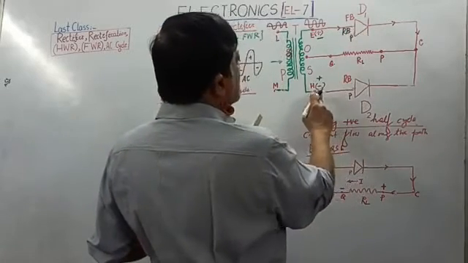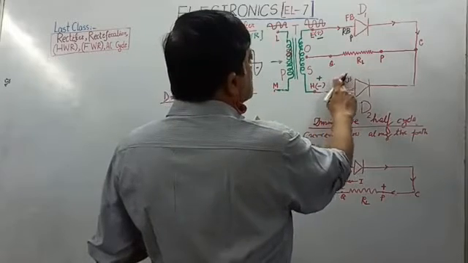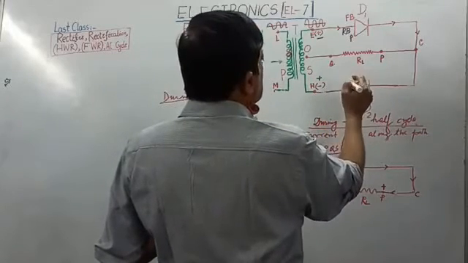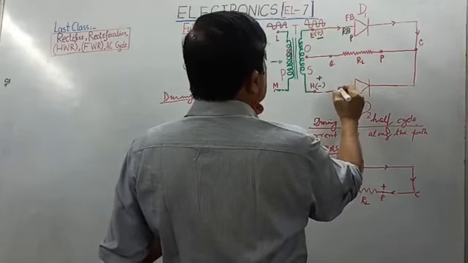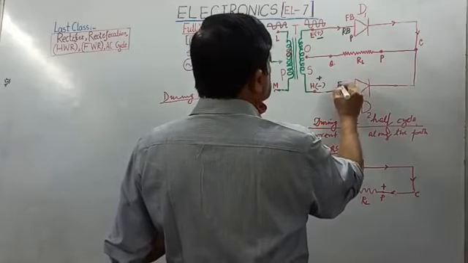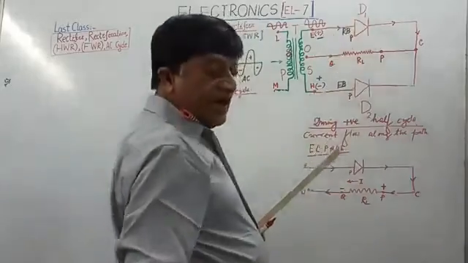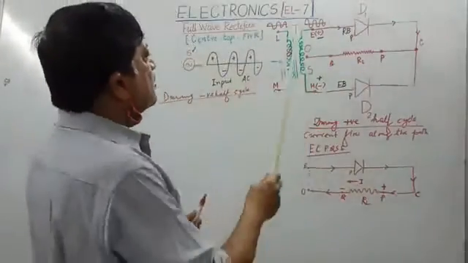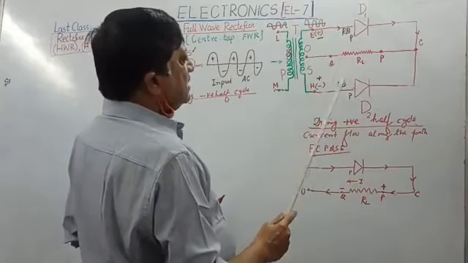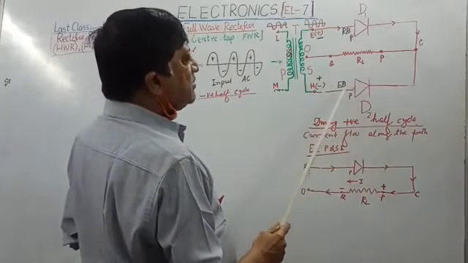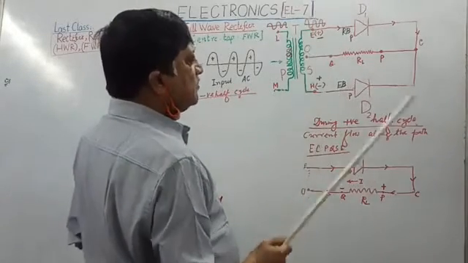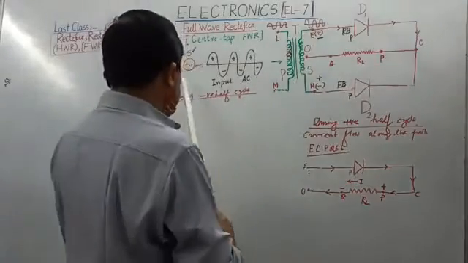And this is now connected to plus to P, so this now becomes forward biased. So the diode which was forward biased became reverse biased, and the diode D2 which was reverse biased becomes forward biased because of change in potential polarities.